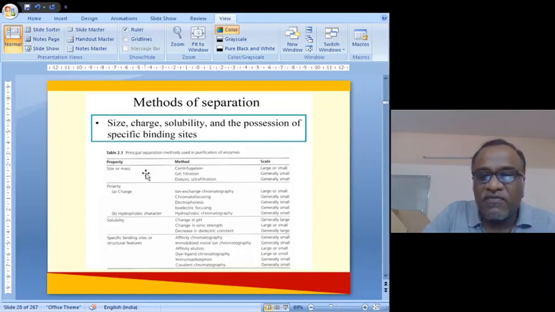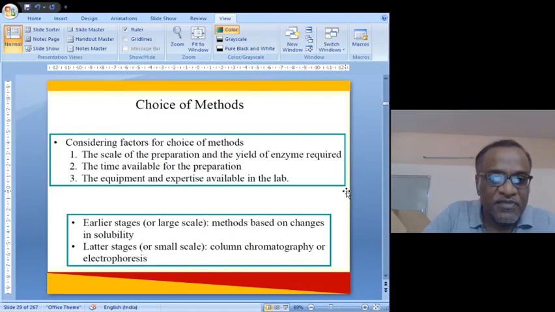So these are some of the important methods of separation based on size, charge, solubility and the position of specific binding sites. So the choice of the separation methods depends on the scale of the preparation and yield of the enzyme required, the time available for the preparation, that is very important, and the equipment and expertise that is available in your lab.